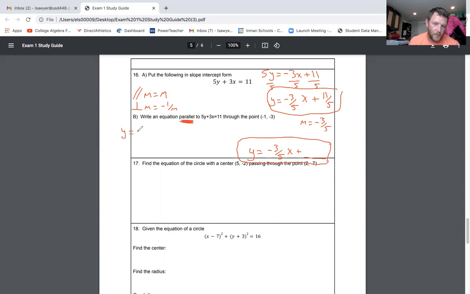So y is equal to -3/5 x plus b. I'm solving for b, through the point -1, -3. This is x. This is y. So -3 is y, equal to -3/5 times -1. That's b. -1 times -3/5 is just 3/5. So -3 is equal to 3/5 plus b. I'm going to subtract off 3/5. So -3 minus 3/5 is equal to b.